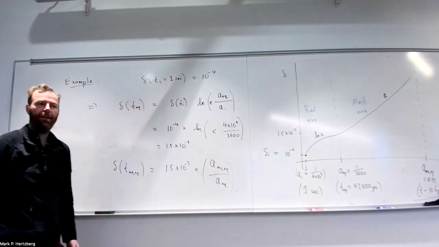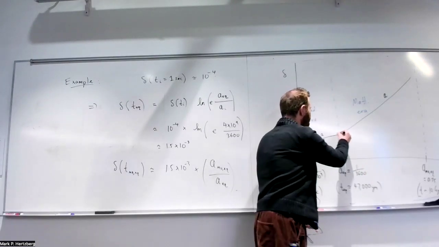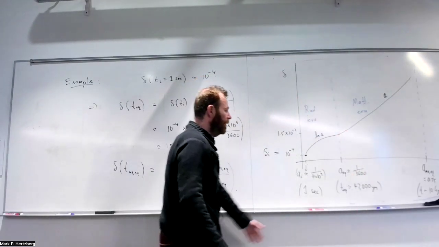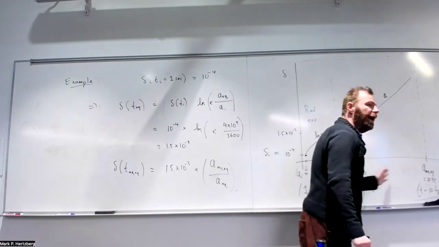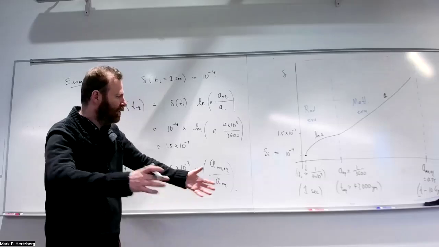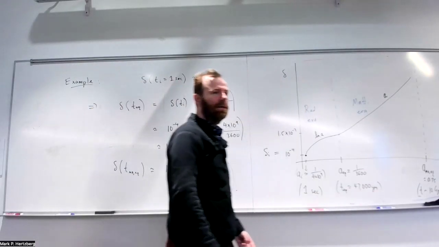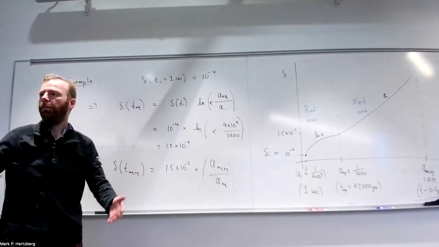Is that all right? I just go from this value to that. So this is about a factor of 3,000. So the universe has grown by around a factor of 3,000 from here to here. If you look at the scale factors, we pick up a big enhancement.